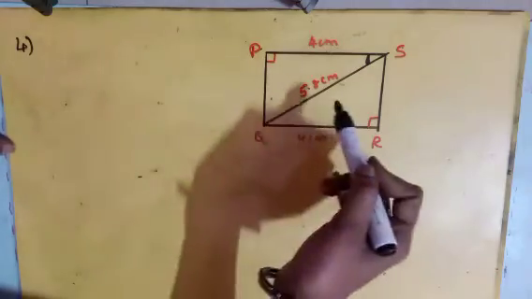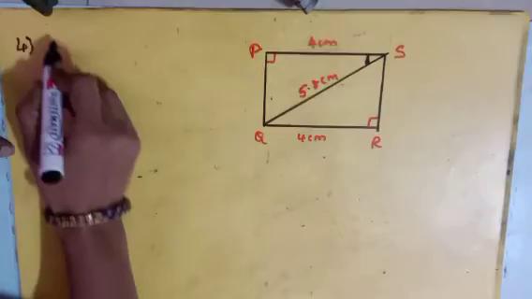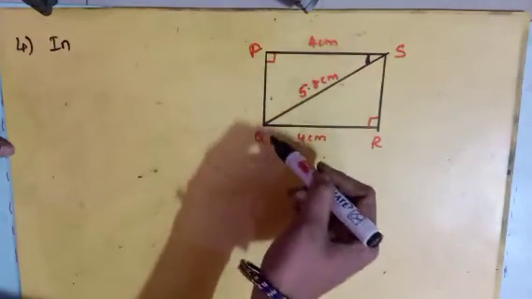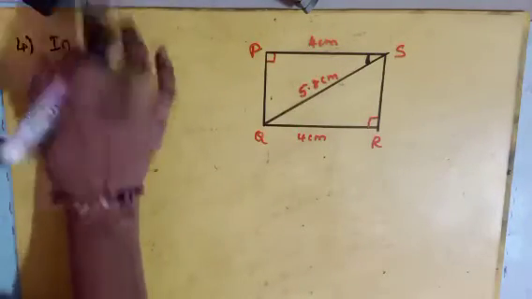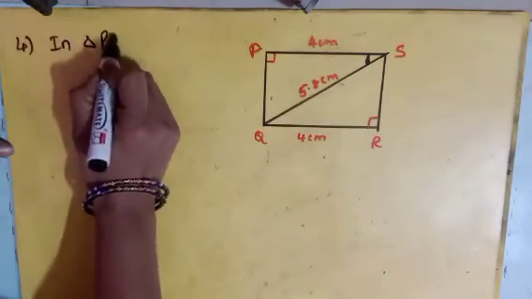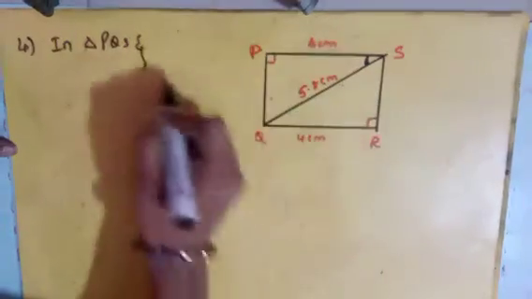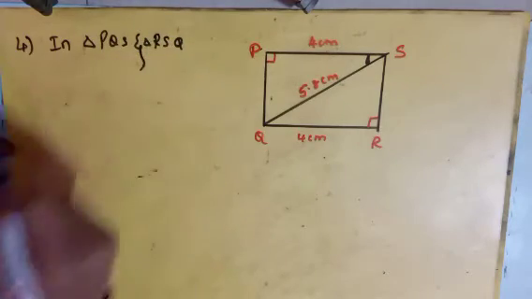Fourth question. In this figure, we have two triangles. Let me write the triangles first. In triangle PQS and another triangle RSQ.